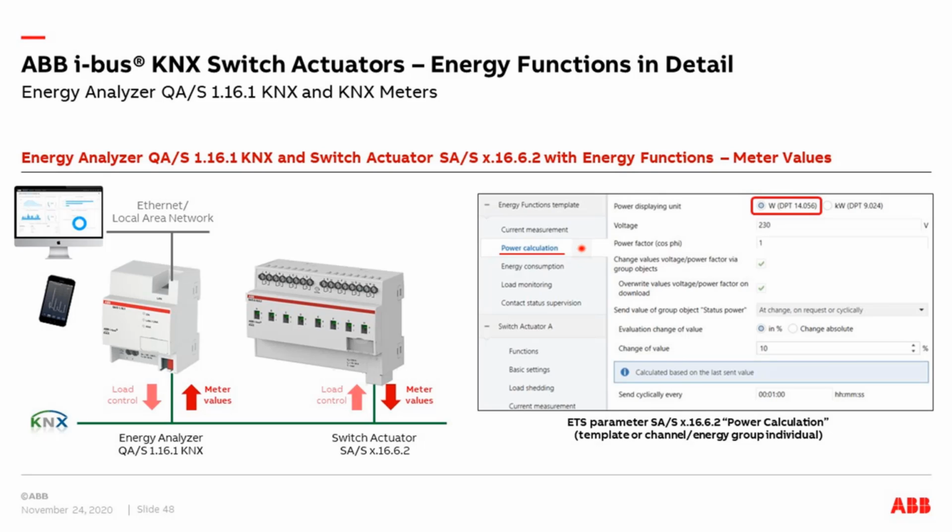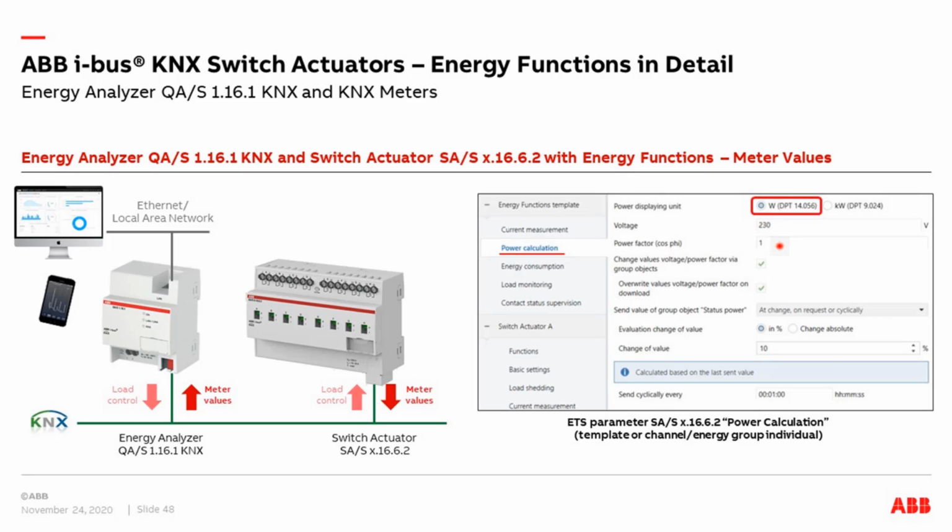So then, when we have enabled it, we get another menu, the so-called power calculation. So in the power calculation, we have to enable here the parameter in watts, because the energy analyzer wants also the watts. So the voltage we need here for the power calculation. The voltage can be used as a fixed value here, or it's also possible to send it via a group object.